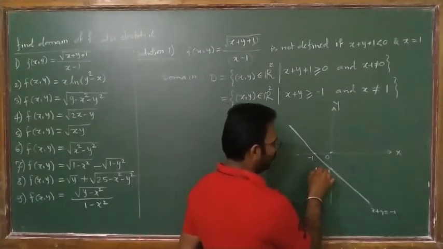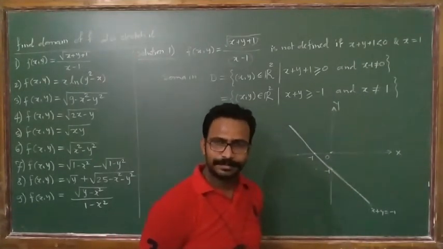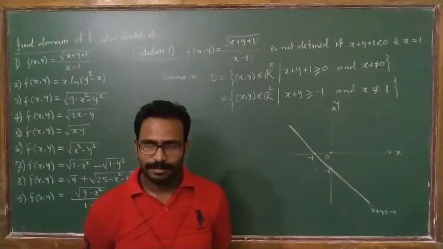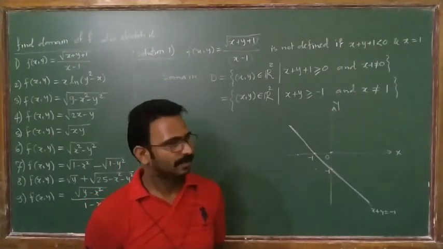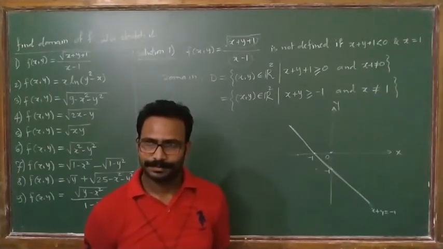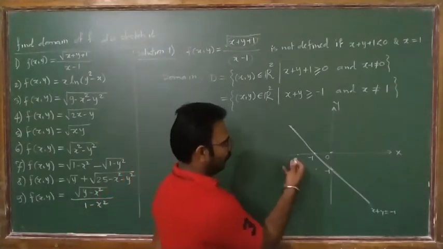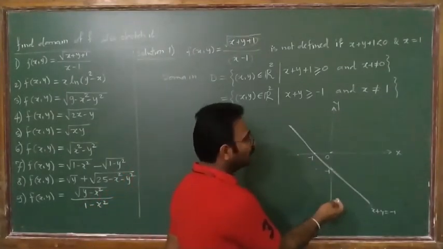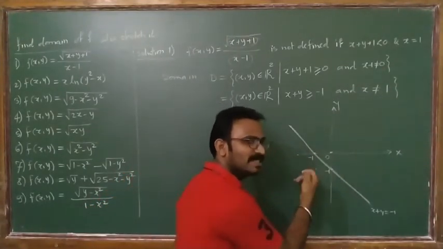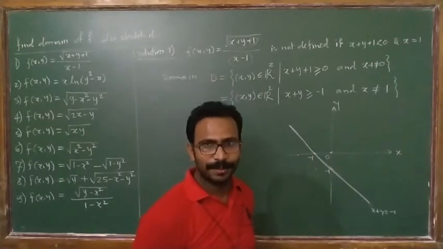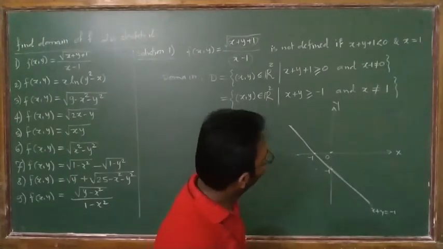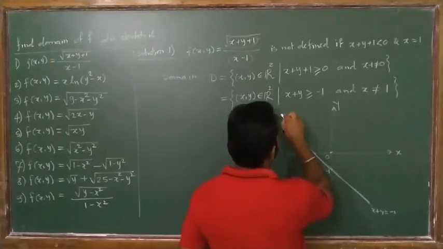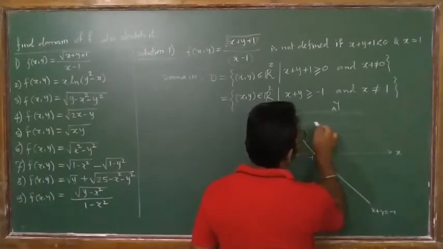If I choose minus 1, minus 1, it is minus 2, which is less than minus 1. So points lying below this line would not be in the domain. The domain should contain the points above the line.